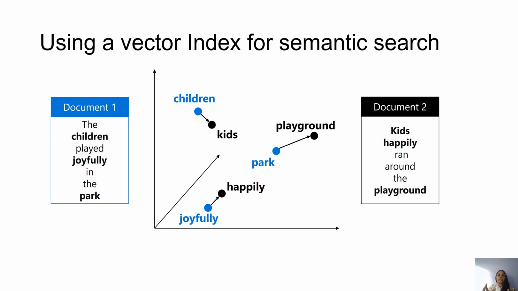The vector index is created based on this chart here, where it groups children and kids as similar, park and playground as similar, and joyfully and happily are placed together. So the vector index is created based on this, and then when you search for kids, children is also considered, whereas in keyword search that does not happen.